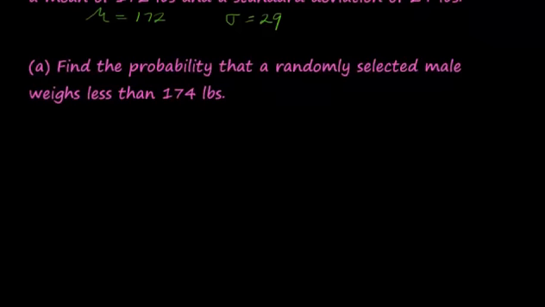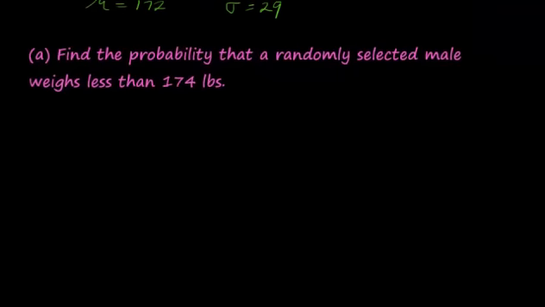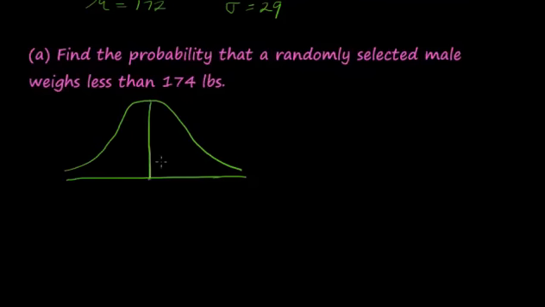We are to find the probability that a randomly selected male weighs less than 174 pounds. So we'll use a diagram to get an understanding of this. Sketch, label, and shade the curve. Here's the mean. We were told the mean was 172.